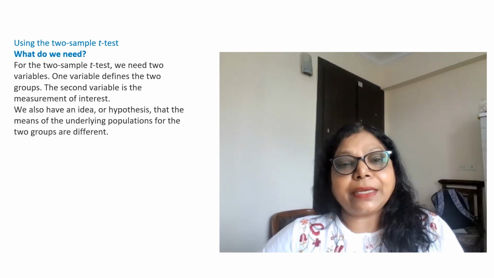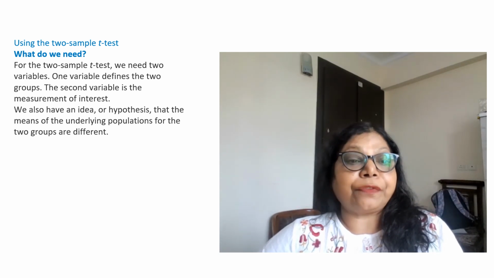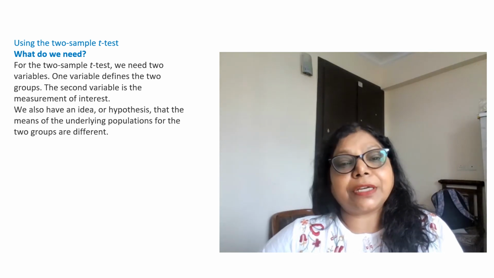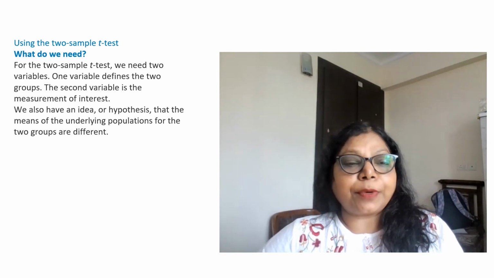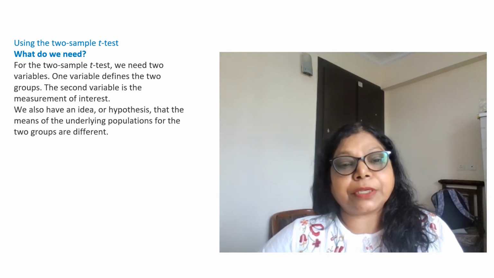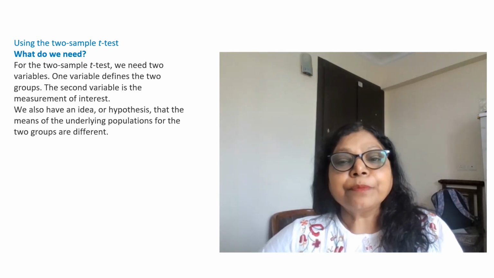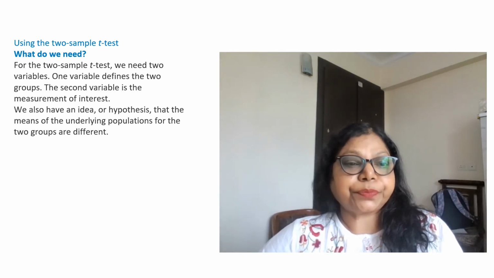Our idea is that the mean test scores for the underlying populations of native and non-native English speakers are not the same. We want to know if the mean score for the population of native English speakers is different from the people who learn English as a second language.